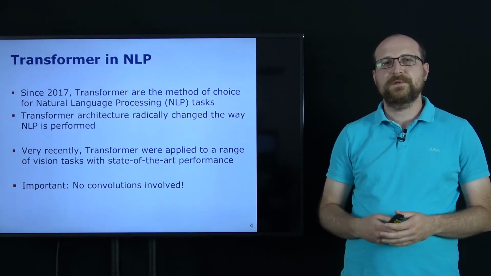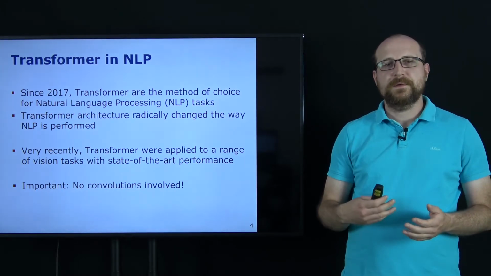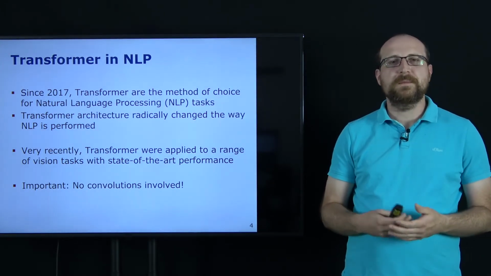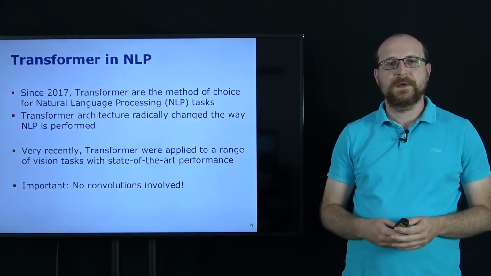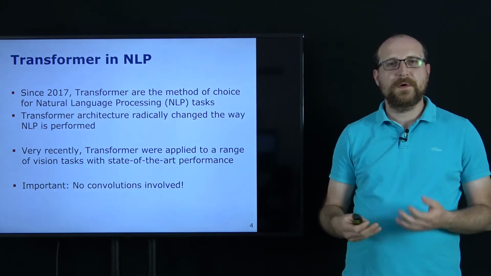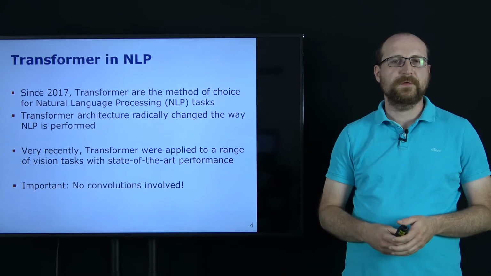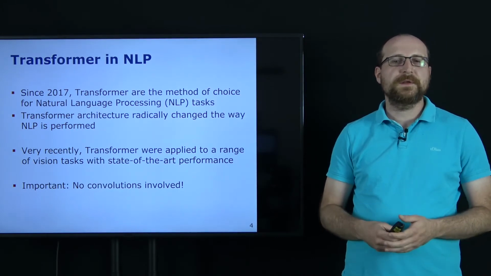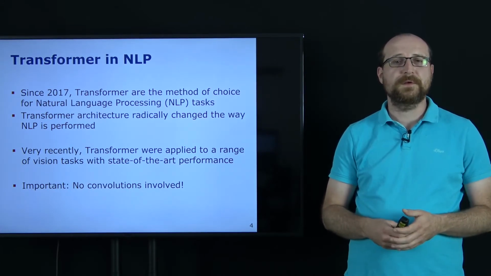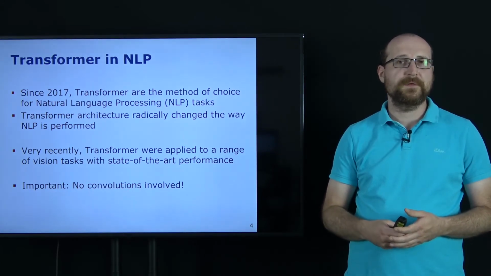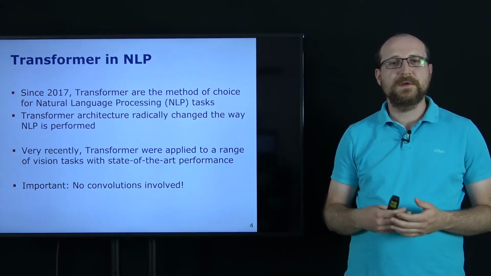Since 2017, the so-called transformer methods are basically the method of choice for solving natural language processing tasks. The transformer architecture radically changed how natural language processing is performed. Very recently, transformers were also applied to a range of vision tasks and showed state-of-the-art performance there too. And this is the thing that we will discuss more in detail.